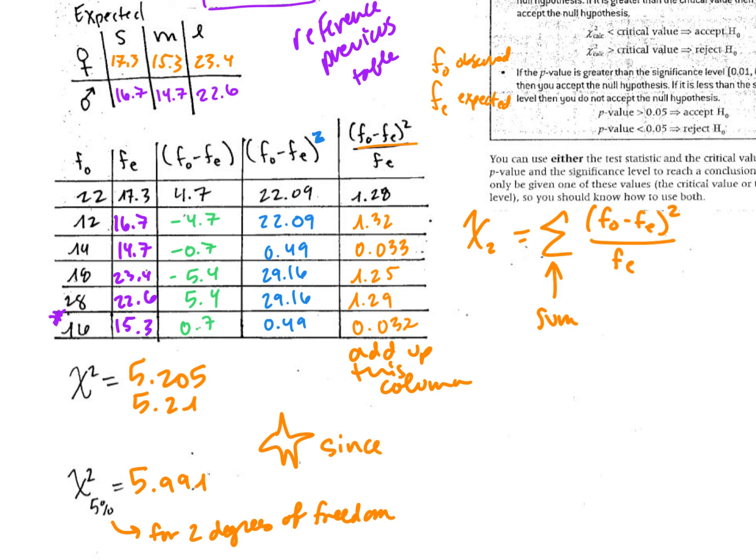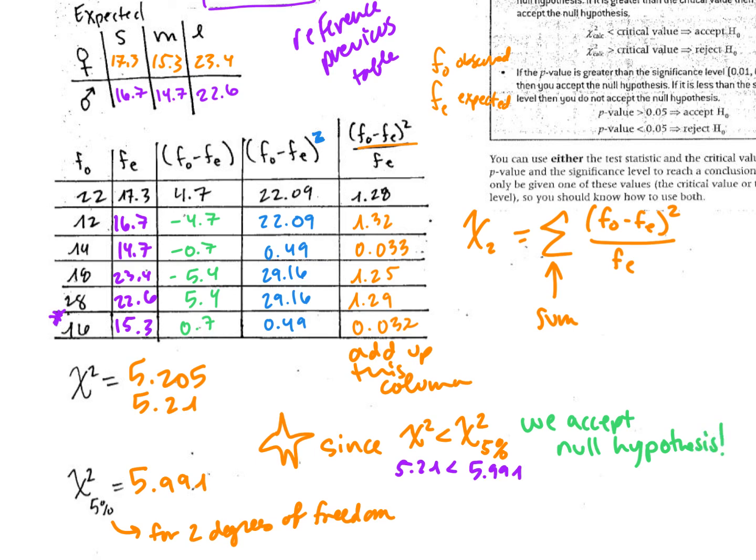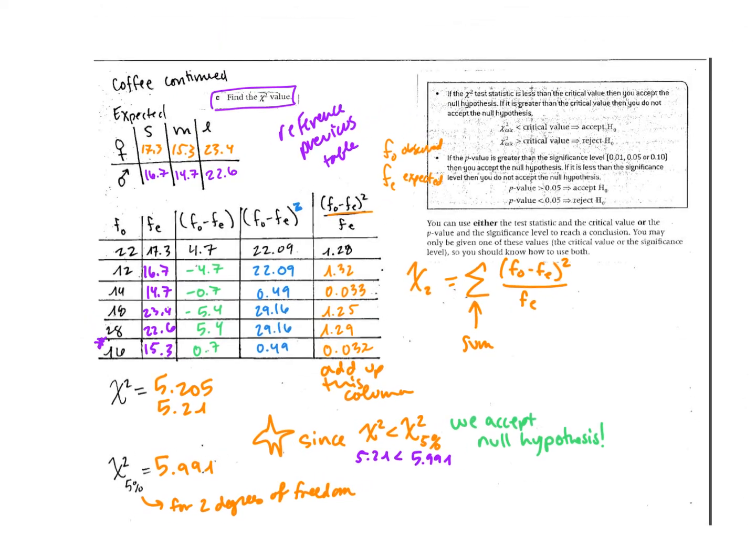Since chi-squared is less than chi-squared at my 5% significance level, so again, I've got 5.21 is less than 5.991. We would accept the null hypothesis, which was that gender and coffee sizes are not related. I think. I'm pretty sure. My confidence interval is small, actually.